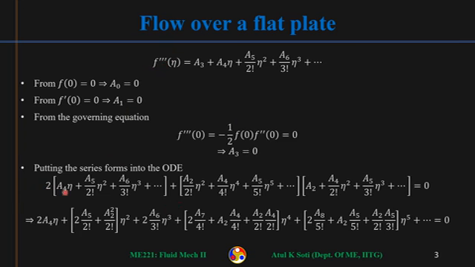So 2 into f triple prime, a3 is 0, so only a4, a5, these things. Plus f into f double prime. This is f; a0 and a1 were 0, so it will start from a2. This is f and then f double prime.